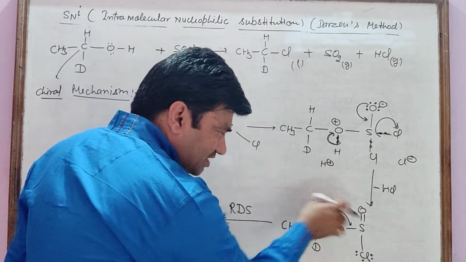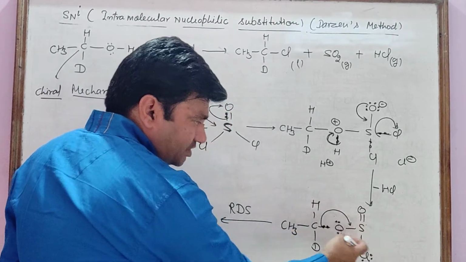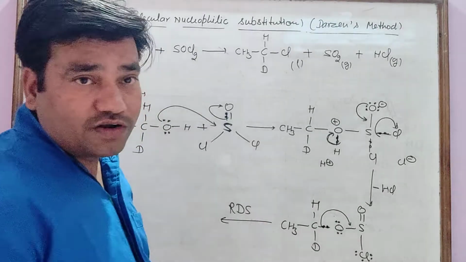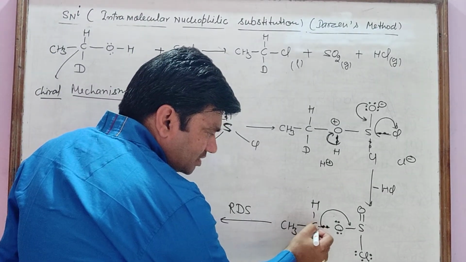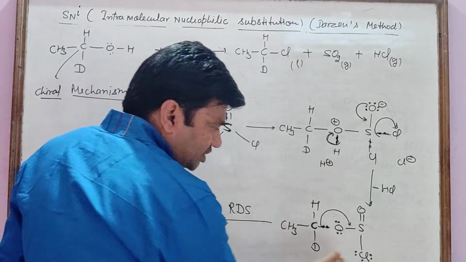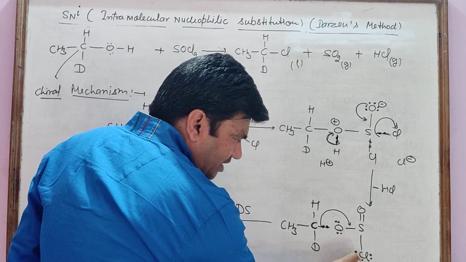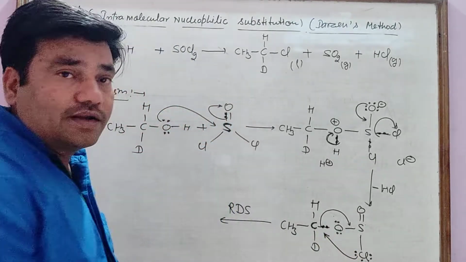When this bond shifts towards the sulfur atom because of electron deficiency, and to overcome the electron deficiency of the sulfur atom, this carbon has a tendency to gain a positive charge, right? In this situation, this chlorine atom will donate its electron pair to the carbon atom, right?